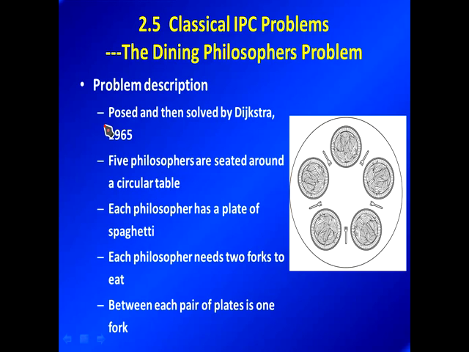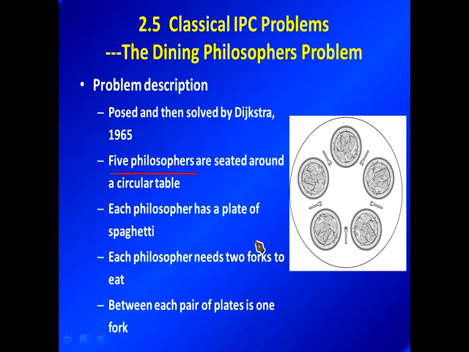So first, let's describe the problem. We suppose there are five philosophers sitting around a circular table, and you can view each philosopher as a process. They just need to do three kinds of things. They can think, and when they feel hungry, they need to pick up the forks and eat.